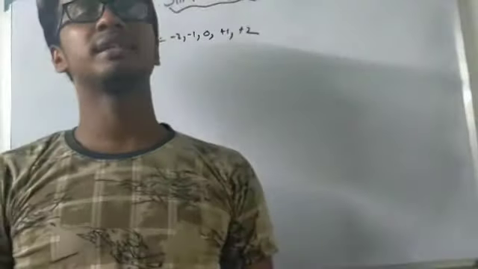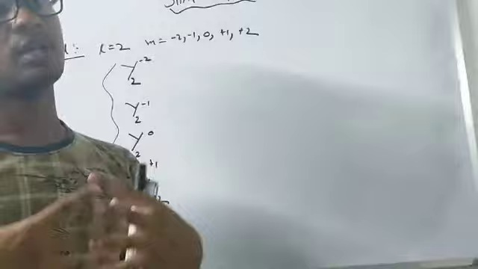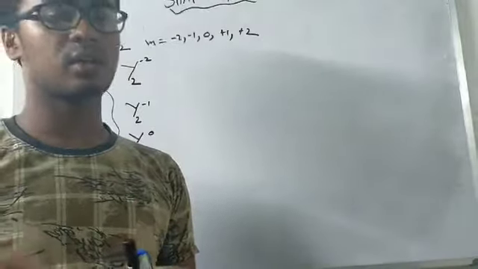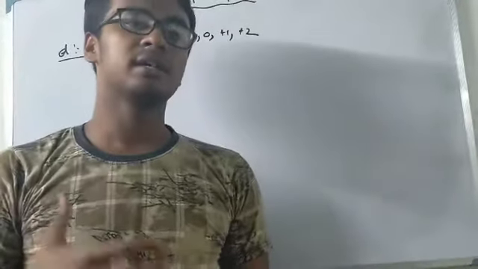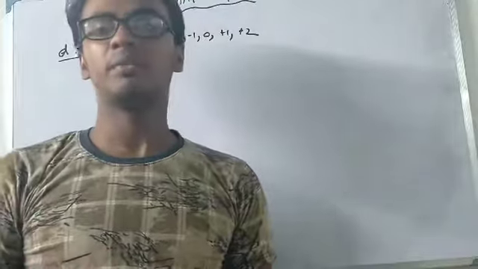So in case of d orbitals, we say that there are 5 types of d orbitals.